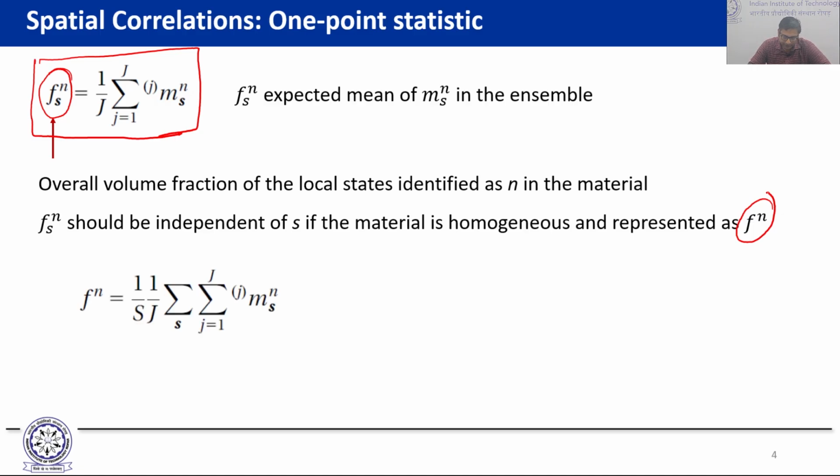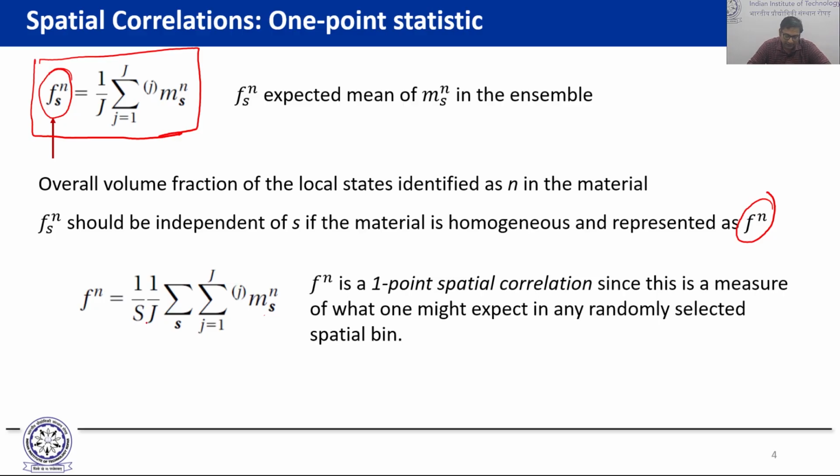Now, what one can further do is sum over this J, M, and S over all of the images, and then over all of the cells in any given image. And then if I divide this sum by the number of images, and then further divide this by the number of cells in an image, it gives me what we can call a one-point statistic.